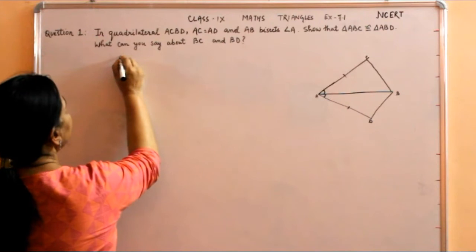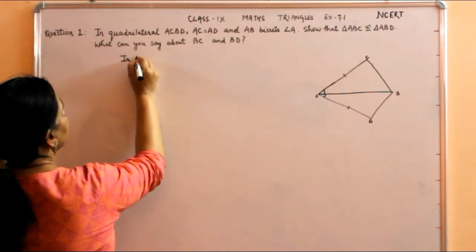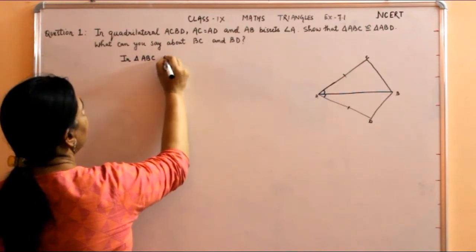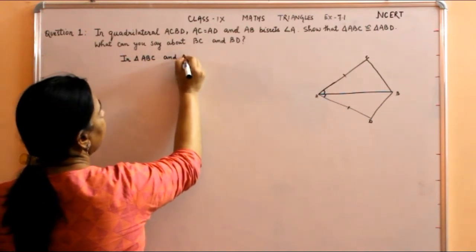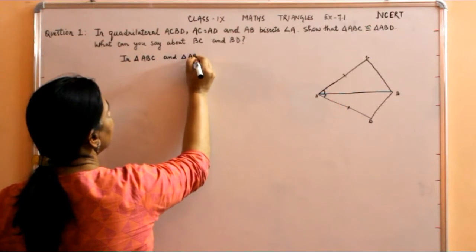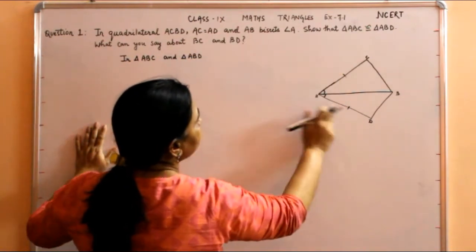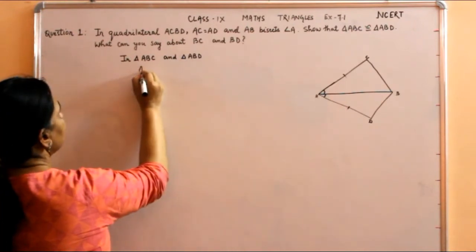Students, in triangle ABC and triangle ABD, this AC is equal to AD, given.